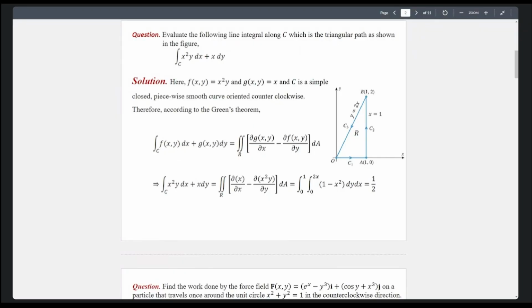Now you see, for the same problem that we discussed in the last lesson, the same triangle and the same expression of line integral.